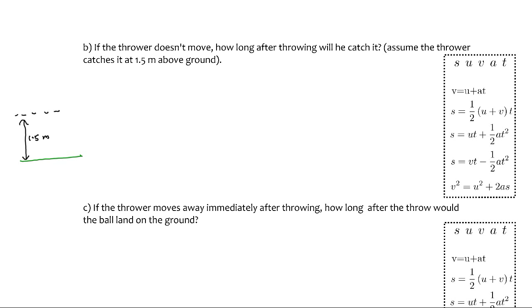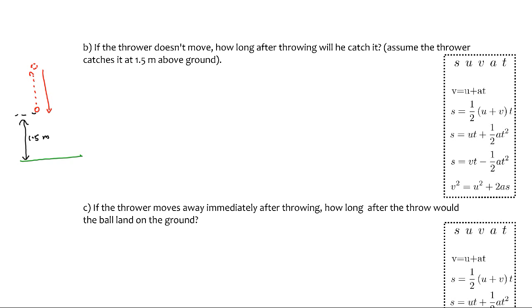When you release it, the ball goes up and it will reach the top, and once it reaches the top, it will come down, and at some point it will come back to the same level. And when it comes back to the same level, because they say that person is catching it at 1.5 meters above the ground, it's coming back to the same level.